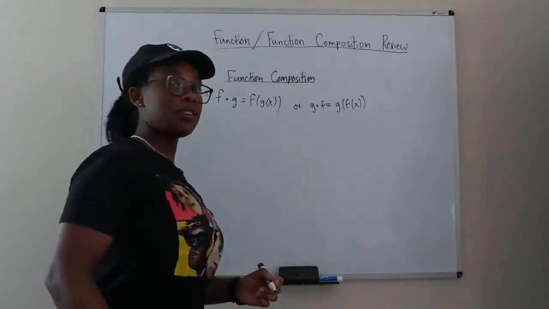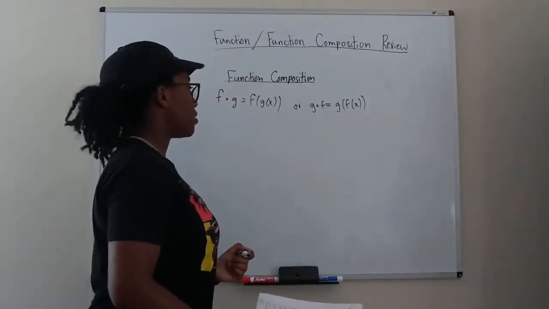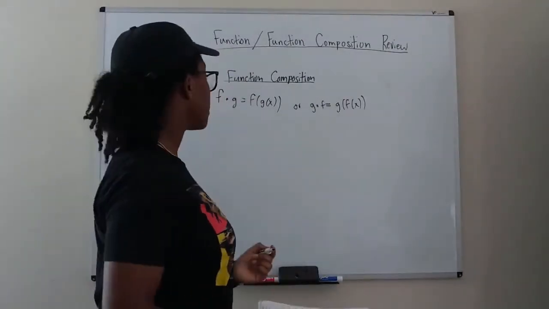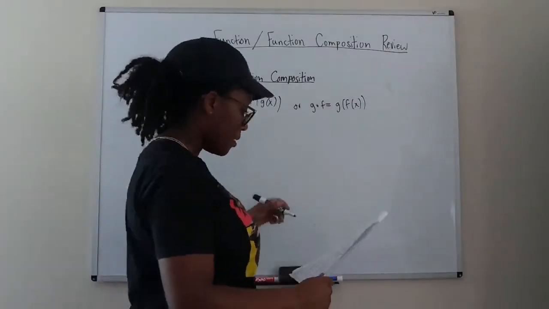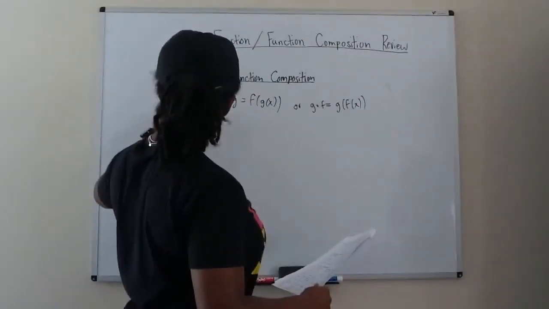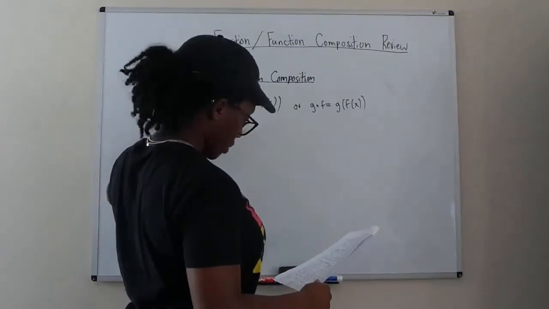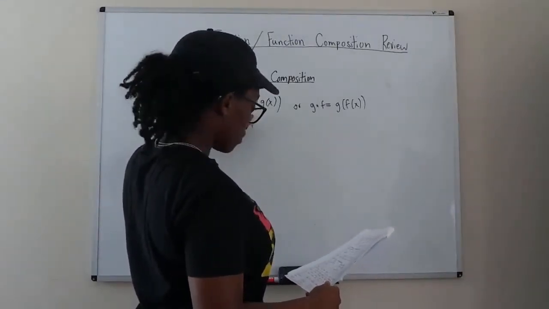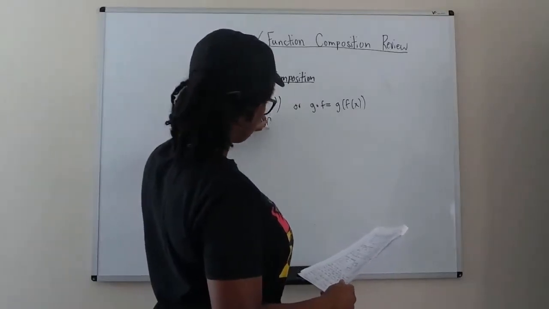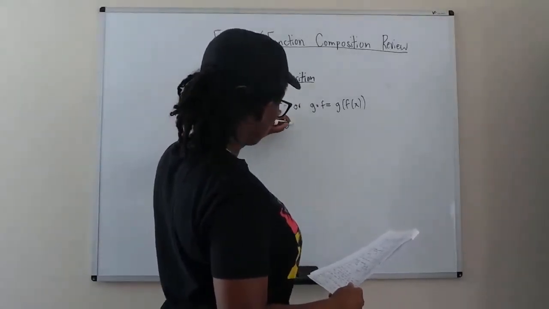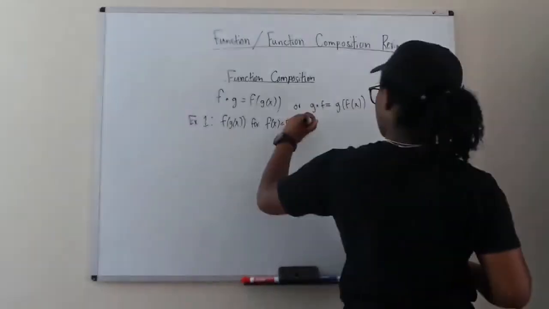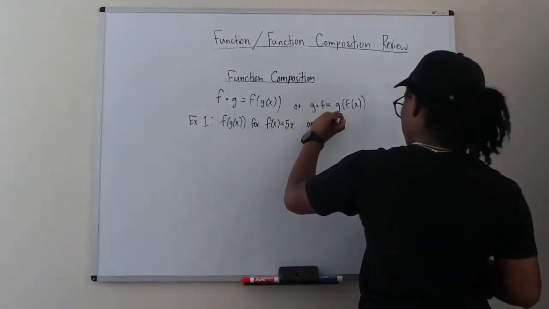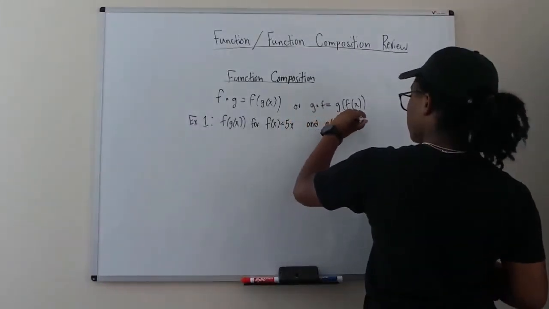So I actually have a couple examples for this one, because this one's a topic that pops up fairly often, and it's really important to get a good grasp on it. So let's say example 1. We have f of g of x for f of x equal to 5x and g of x equal to 4x plus 4.